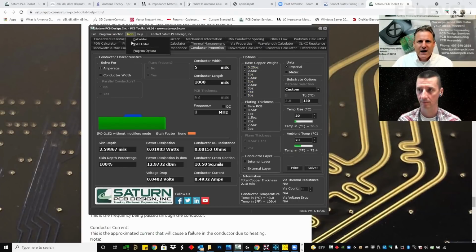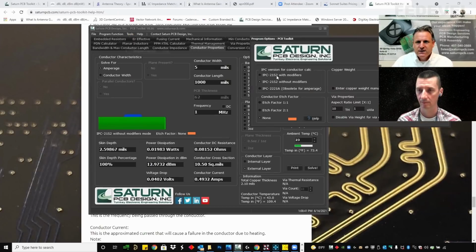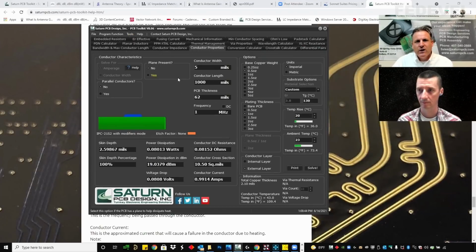The modifiers come in because through their testing, they said, well, okay, now let's add a plane, see what that does. Let's change the PCB thickness, see what that does. And they came up with a list of multipliers saying, if you add a plane, you can add 20%.